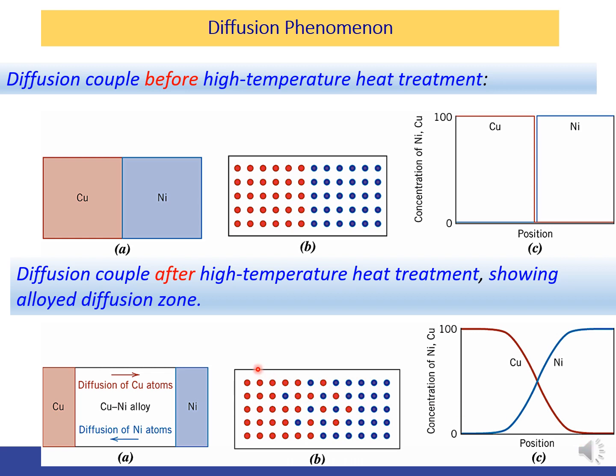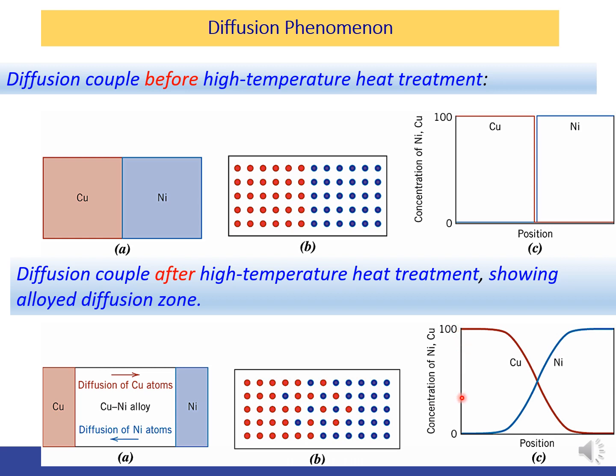So we can see the pure copper and pure nickel at the two extremities of the couple, but they're separated by an alloyed region. Within this region, we have both copper atoms and nickel atoms, which can also be seen from this concentration-position profile.